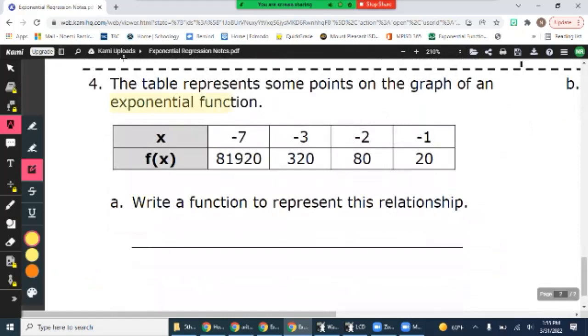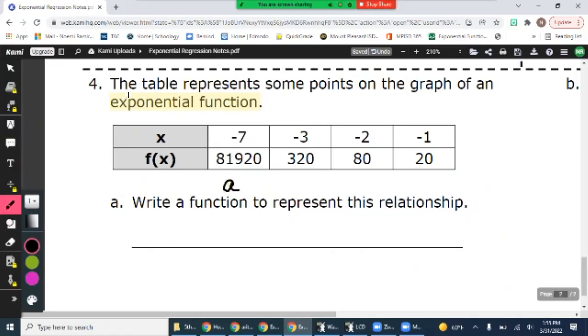All right, last one, quick one. First, highlight or underline your exponential function, and then find your A equals and B equals. Notice in this table, you don't see your y-intercept, so I can't find A right away. I actually have to type it into the calculator so I can find the regression, so I can find my equation. Some of us already have it, so let's move right along.